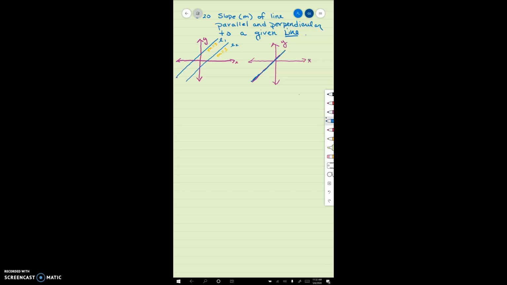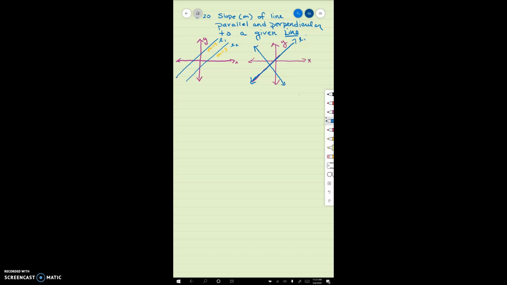Okay. This is my line, the given line. So that's L1 also. Now, what I'm going to do is draw a line that is perpendicular to this line, the given line.